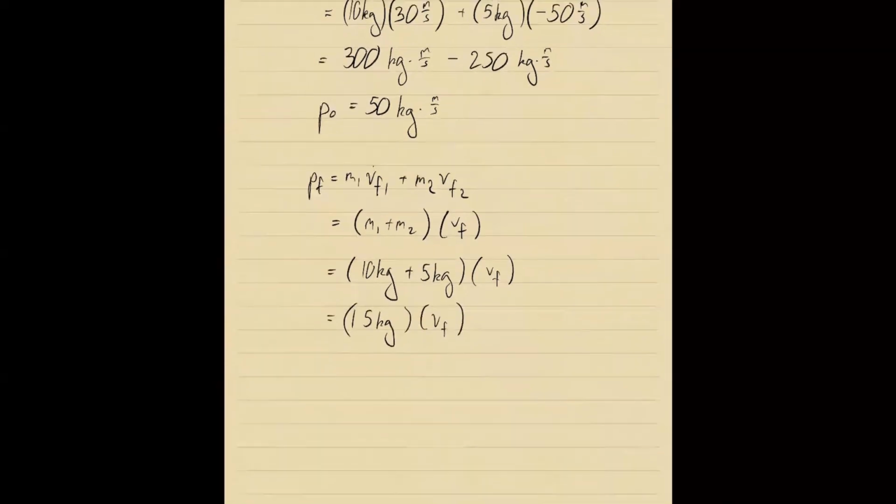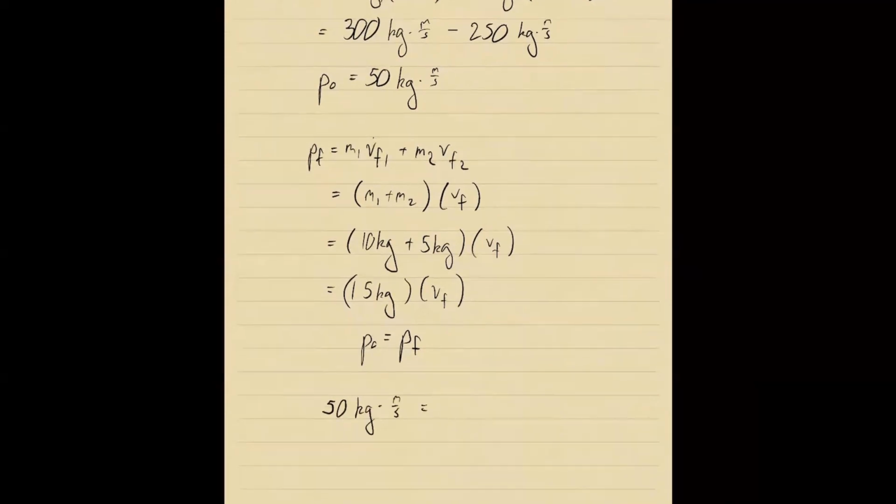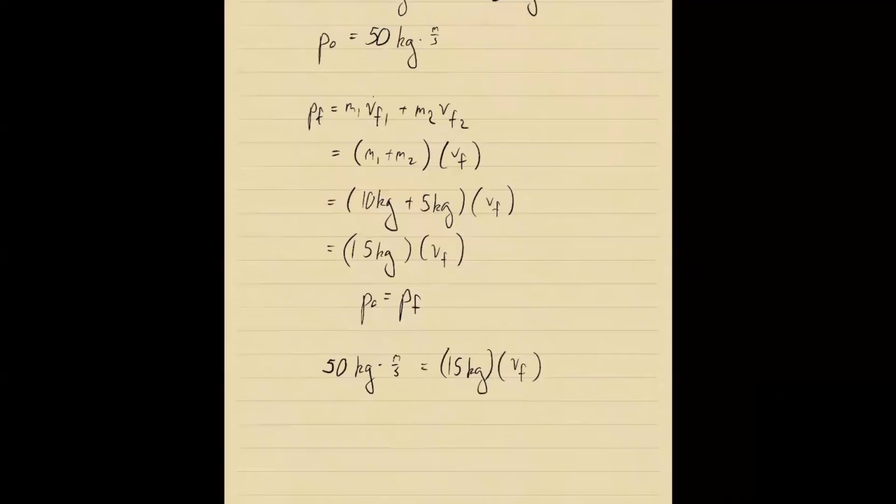Because this is a conservation of momentum problem, the initial momentum of our system and the final momentum of our system are equal. On the left-hand side, we have our initial momentum of 50 kilogram meters per second. On the right-hand side, we have our final momentum of 15 kilograms times our final velocity for both ball 1 and ball 2.